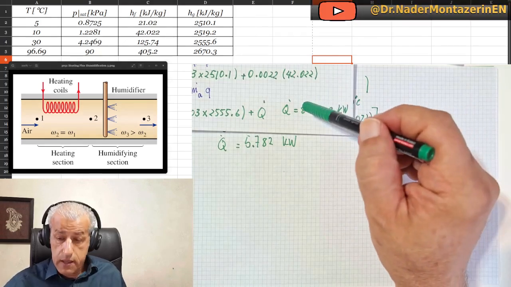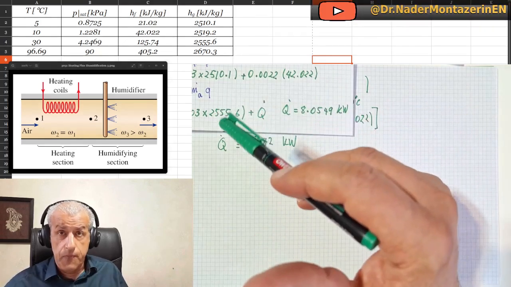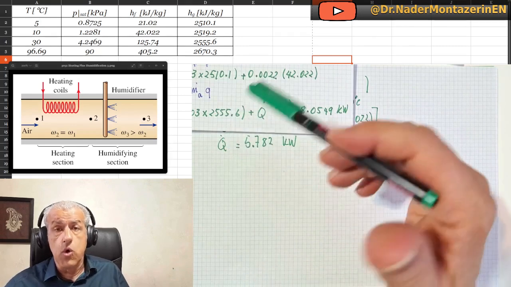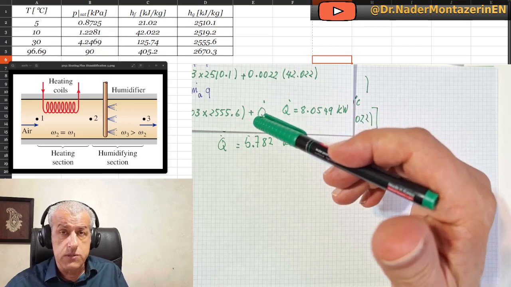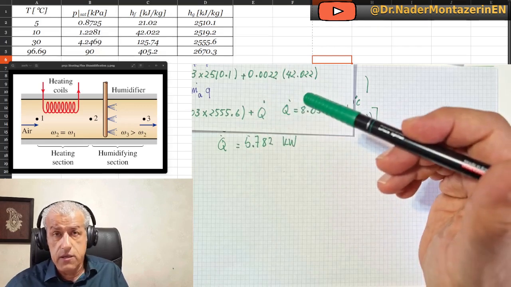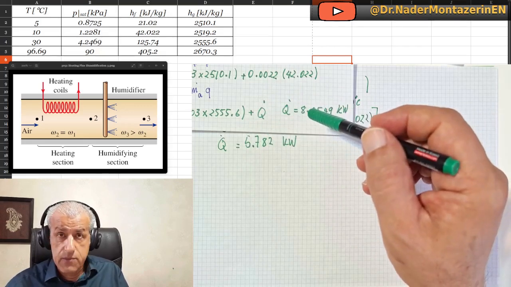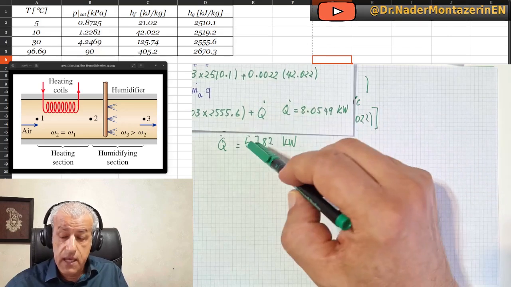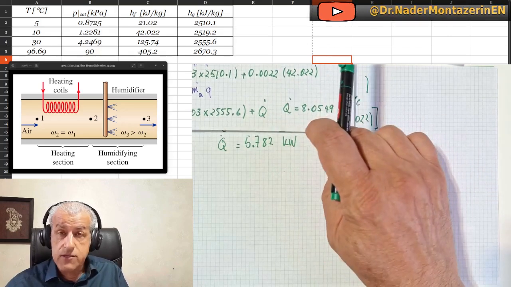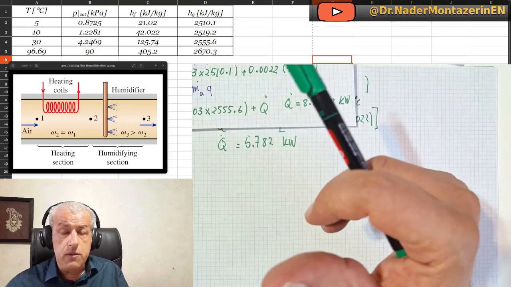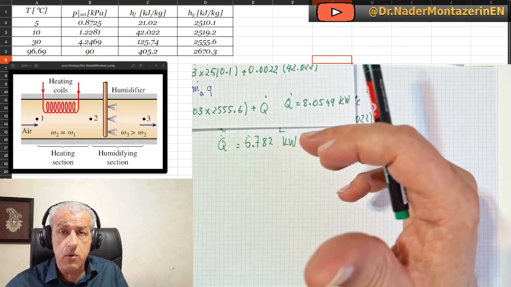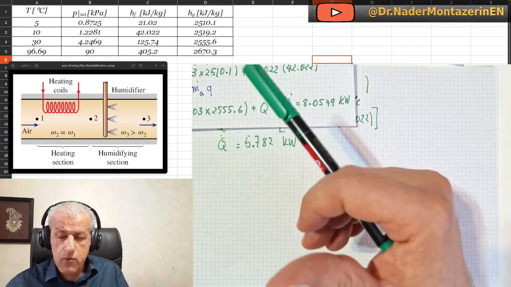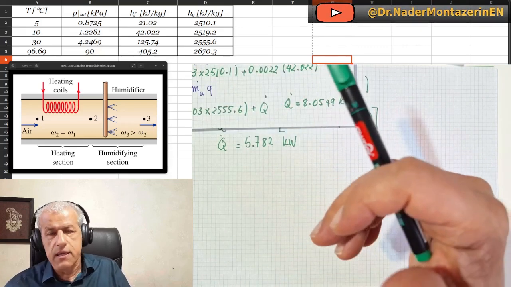So this is the total heat for our control volume between points 1 and 3. And the interesting point is that out of this heat, this much has to be used just to vaporize water.